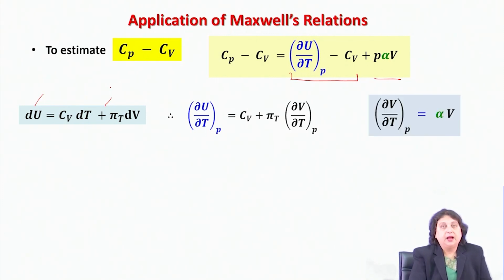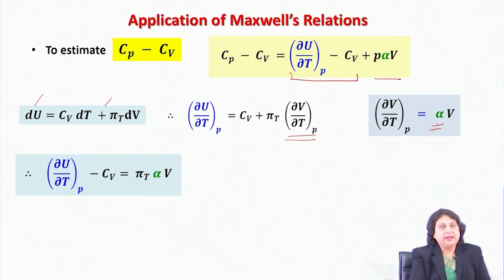Once again, there is one place where I can replace the partial derivative using the definition of alpha, a measurable property of the system.